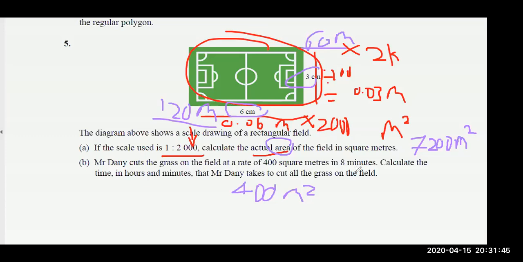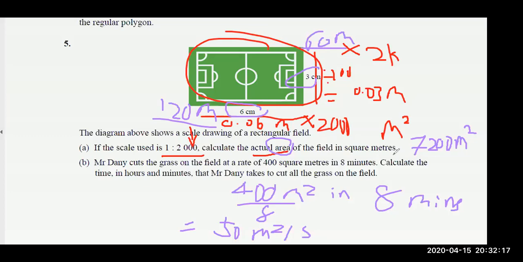So 400 square meters in 8 minutes, right? So you divide by 8, right? Become what? 50, right? 50 square meters per minute. Means that the speed. So in 1 minute, you can cut 50 square meters.